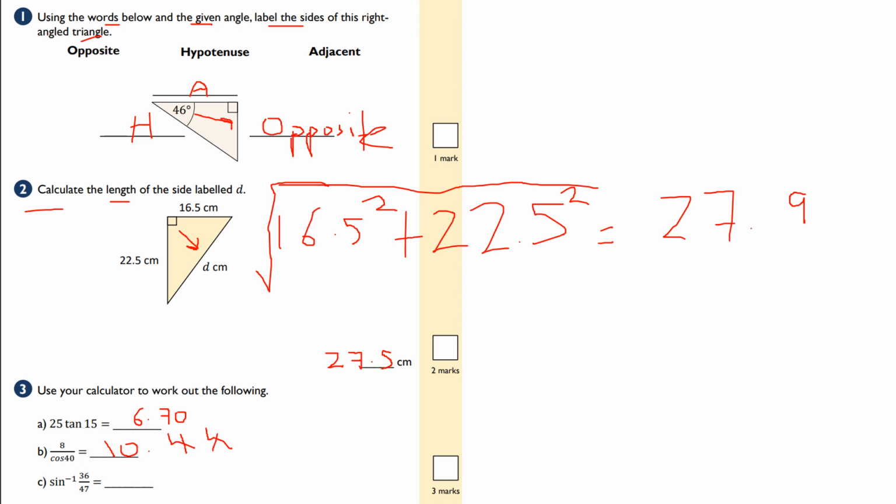Close the brackets, and we get 49.99 degrees to 2 decimal places. And that's working with our calculators.